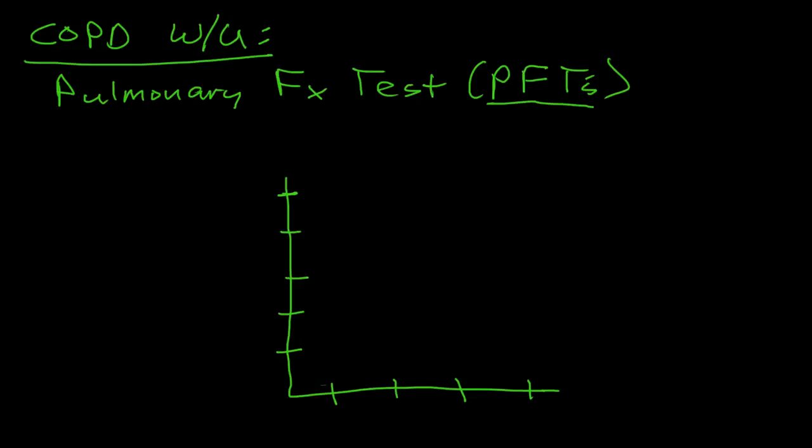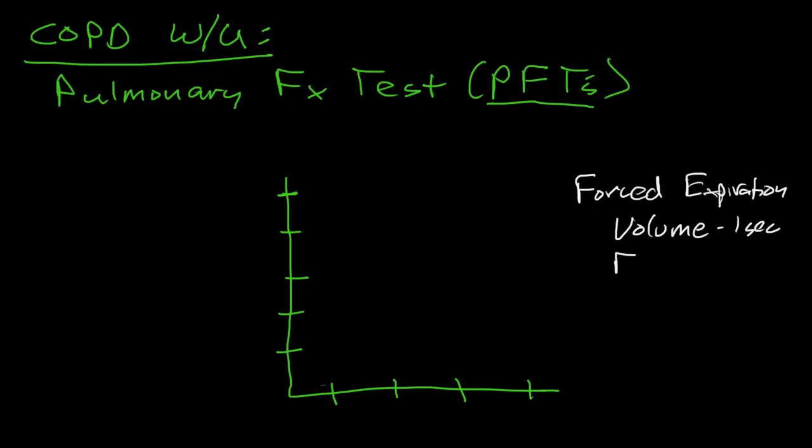And we are most interested in a test called the forced expiratory volume over 1 second, and this is abbreviated as FEV1. And then the other test that we also look at is the forced vital capacity, abbreviated as FVC.